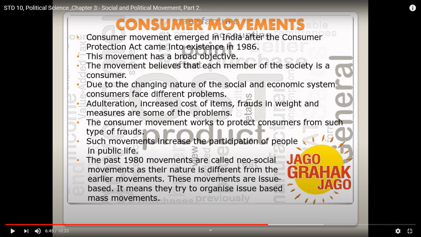That means the consumer movement was successful in starting a consumer court, and there you can file your complaint and tell that you were cheated, or you feel that you have been misled, or they have asked more from you or something like that.